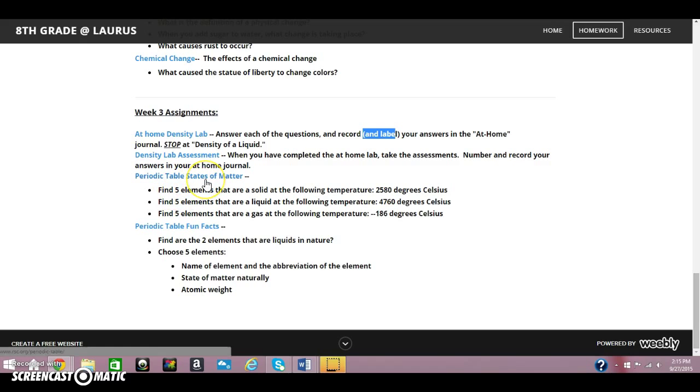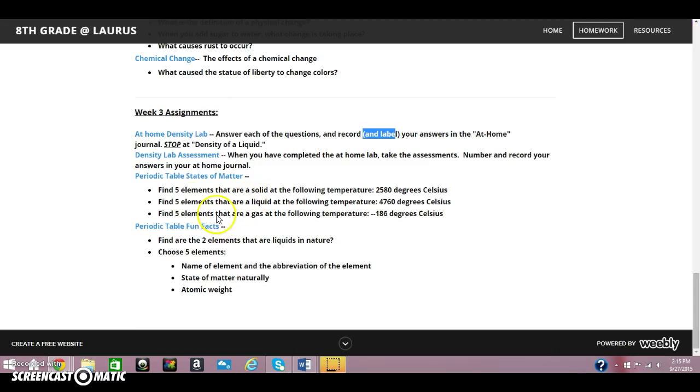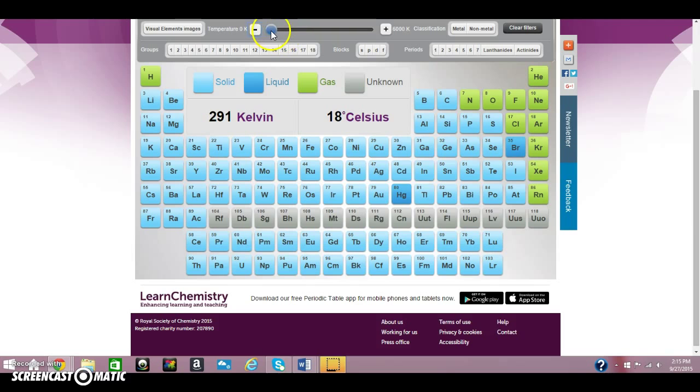Periodic table states of matter, you're going to click on that. It's going to take you here. Okay? The questions on the homework are find 5 elements that are solid at the following temperatures, 25 and 80 degrees Celsius. So on the website, you can change the temperature and see what happens to the elements under the different changes of temperature.